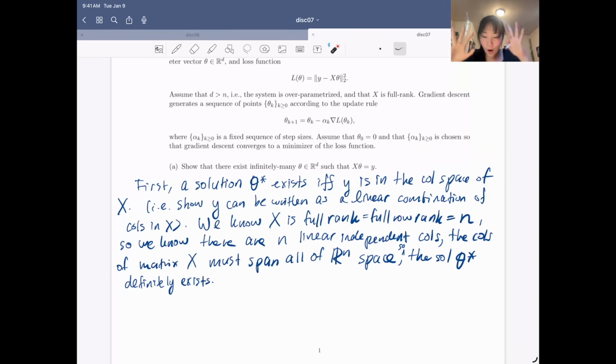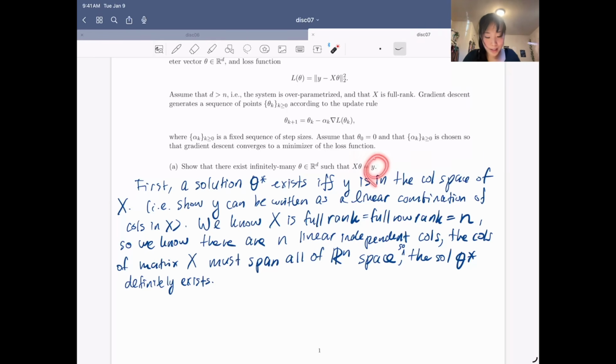This was a whole convoluted way of saying, hey, we have our feature matrix X, we can have theta weights such that we can write the columns of X as a linear combination and it will span all of Rn space.